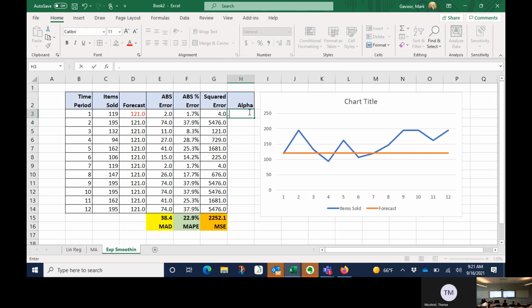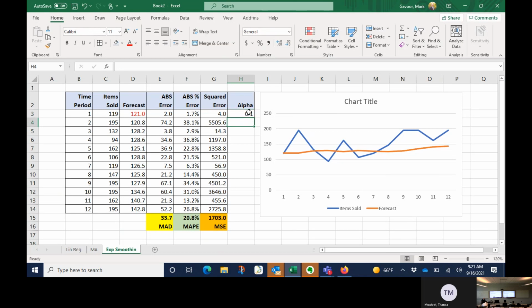If I make it 0.1, so the closer alpha is to 0, the closer it is to a flat line. And the more I make it towards 1, the more adaptive it is to the zigs and zags. So that's the advantage of exponential smoothing. You have a method, but you can also dial it in.